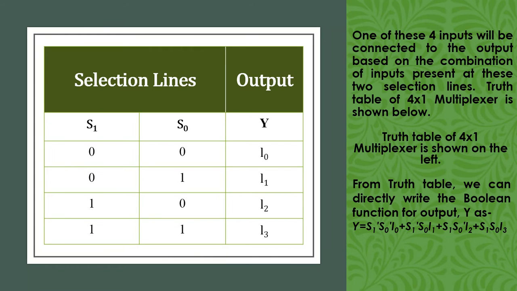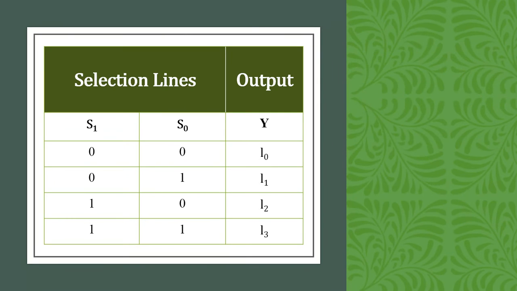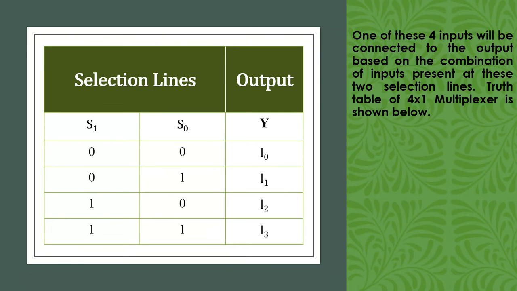You can find it on the left side. From the truth table we can directly write the boolean function for the output: Y is equal to S1' S0' I0 plus S1' S0 I1, and so on. You can see this very well from the truth table on the left-hand side. The truth table of the 4 into 1 multiplexer is shown on the left.